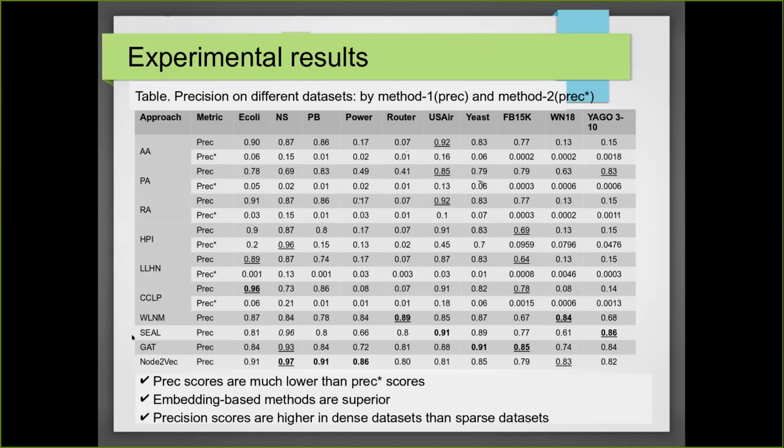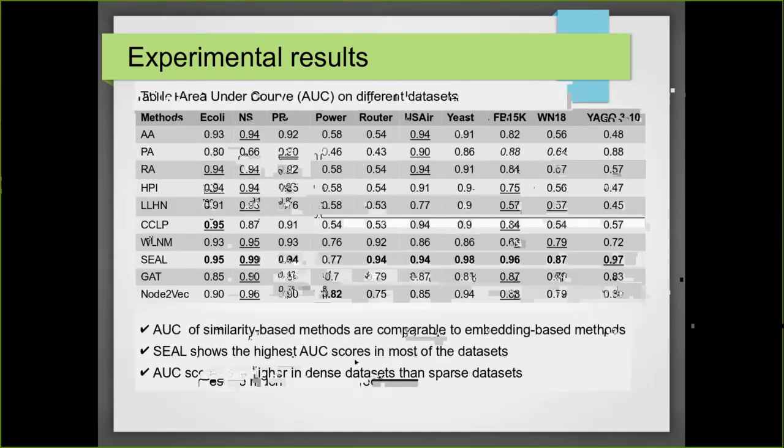But in those graphs, embedding-based methods still show higher link prediction precision values. And for AUC values, all of the methods show higher values. So in terms of AUC values, the similarity-based methods are comparable to embedding-based methods.